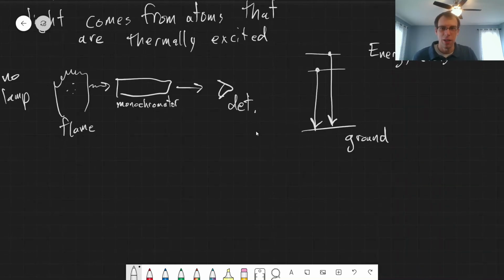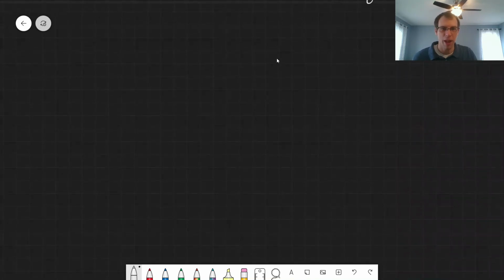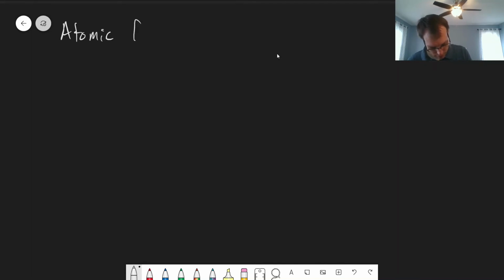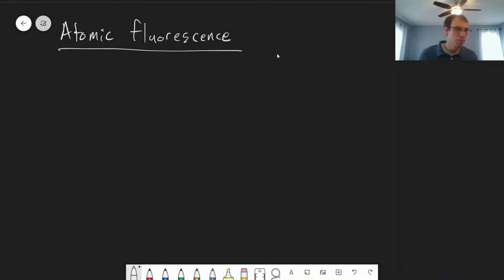The final option that we have, and the one that's most specialized, is atomic fluorescence. We won't spend a lot of time on this particular technique because, as I said, it's much more specialized. But this is a fluorescence experiment. So for our light source, we often have a laser.